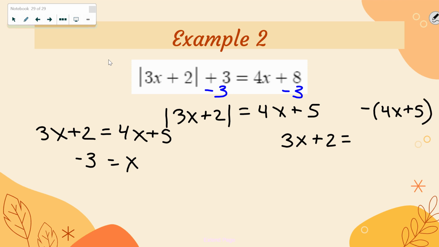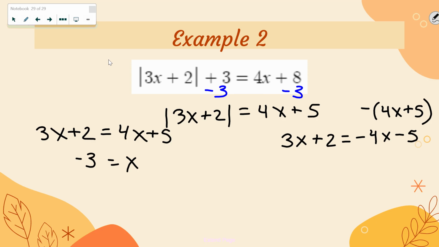That's how I'm going to be able to create the opposite, which means if I have a negative outside that parentheses, what do I need to do? Distribute. If you have that negative outside that parentheses, that'll become negative 4x minus 5.